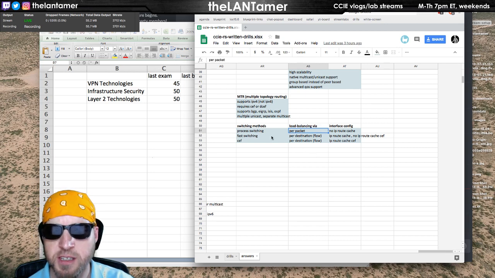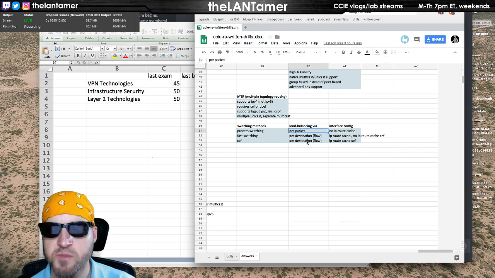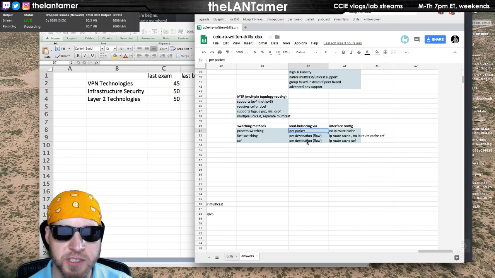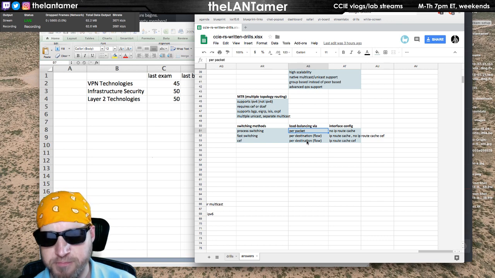The difference is if you're using process switching, it is going to load balance on a packet by packet basis. Now, that may be preferred, even if you're using CEF, but by default, that's what process switching is going to use. The problem is you have a much higher chance of asymmetric flows.